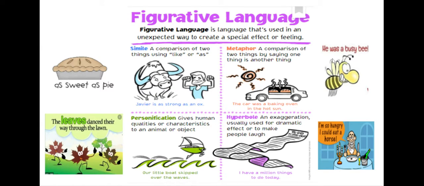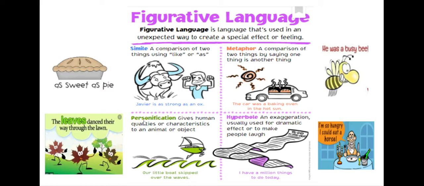We also have, he was a busy bee. Now, I don't know anybody that turns into a bee, but I know lots of teachers that have been running around the schoolhouse trying to get things put together so that we can have a successful school year. So they appear to be busy flying around like little bees, getting things done.